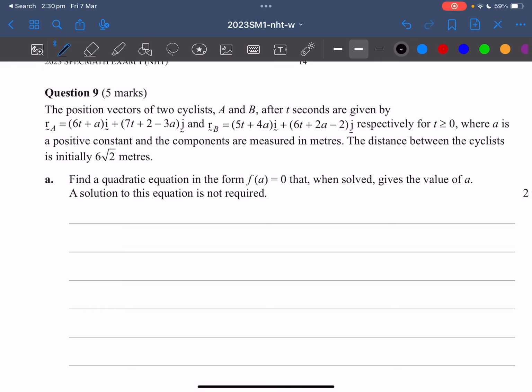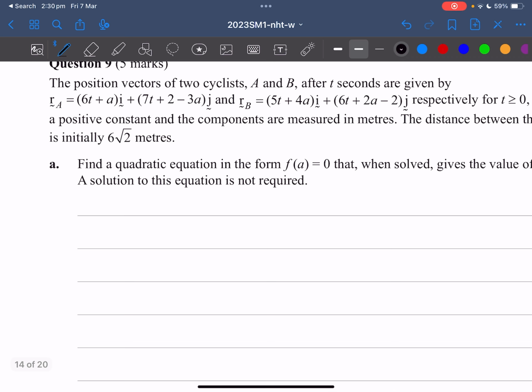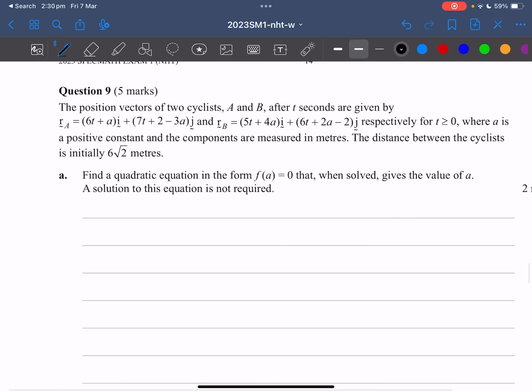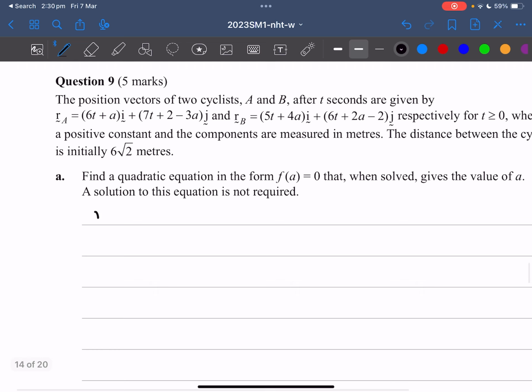So we do know that initially the distance between two cyclists is going to be 6 root 2. So let's just go from there. Let's say RA of 0 is equals to ai plus 2 minus 3a j.